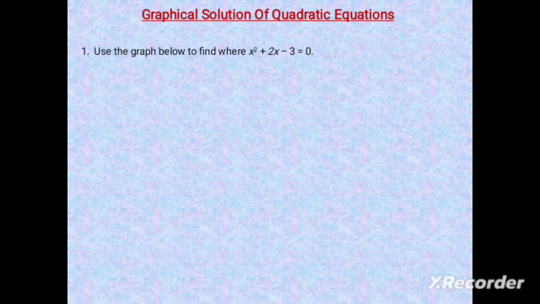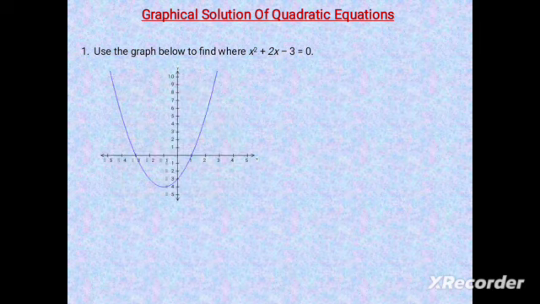Let's now move to graphical solution of quadratic equations, and we are going to work out the first example. Use the graph below to find where x squared plus 2x minus 3 equal to 0.